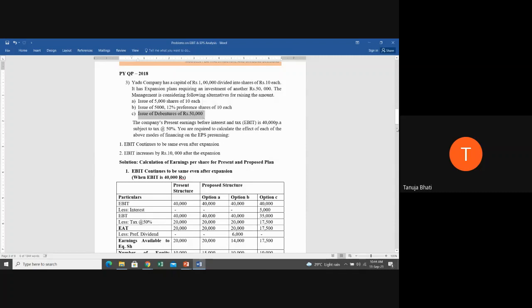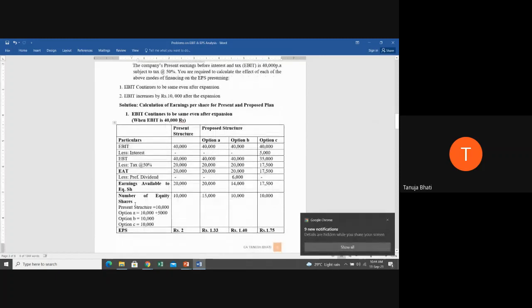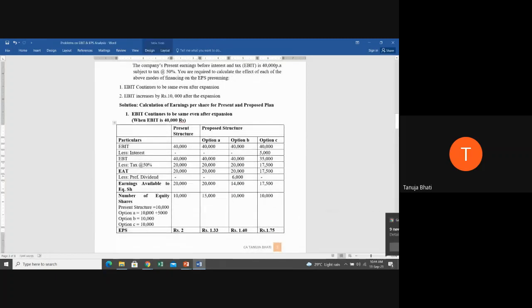Therefore, only the present 10,000 will come into picture. Therefore, for present structure, it is 10,000. For option A, it is 10,000 plus 5,000. Option B, again 10,000. Option C, again 10,000. Since option B and C are completely raised through issuing preference shares and debentures, therefore, the number of equity shares will not change. So 15,000, 10,000 and 10,000 respectively for option A, B and C.